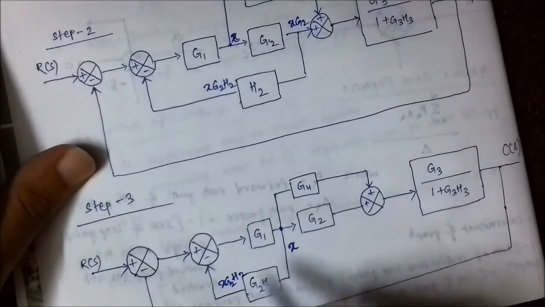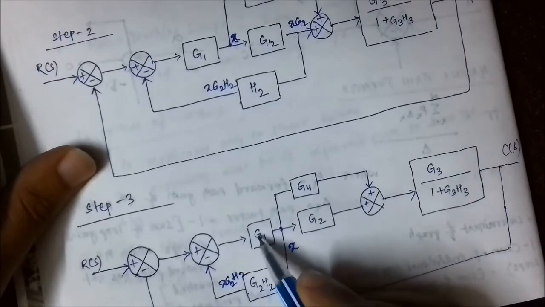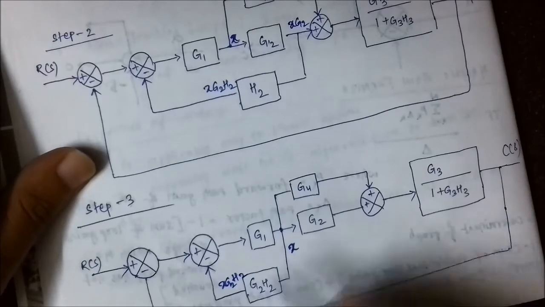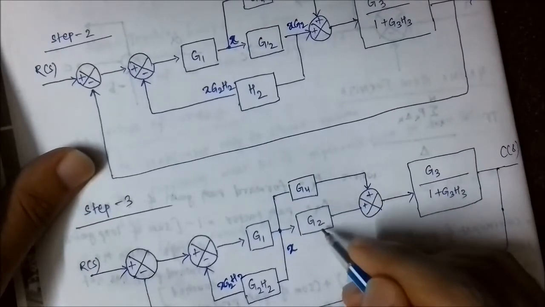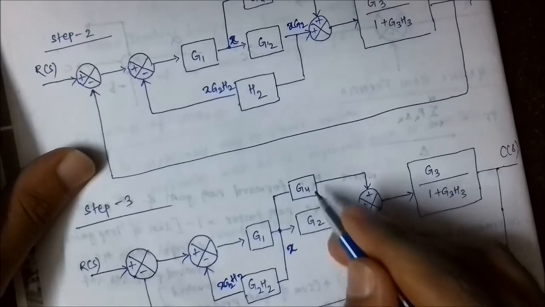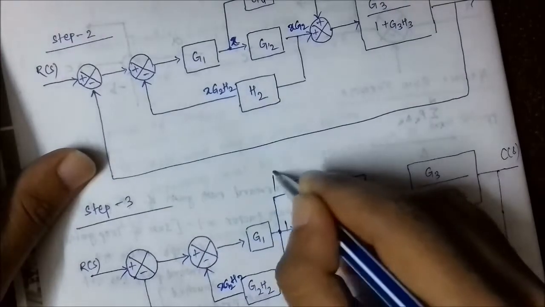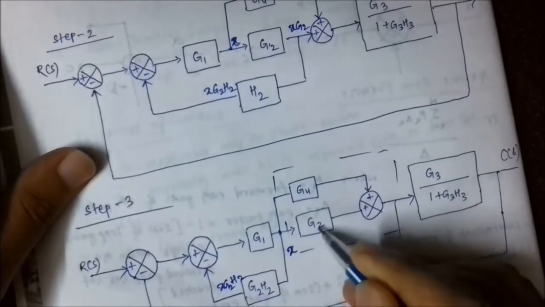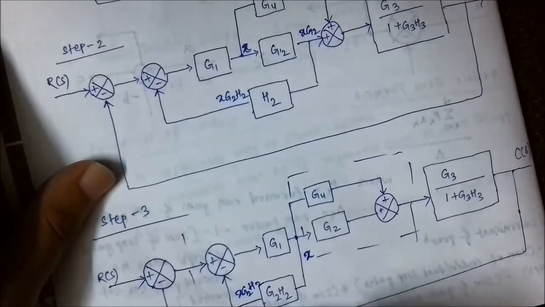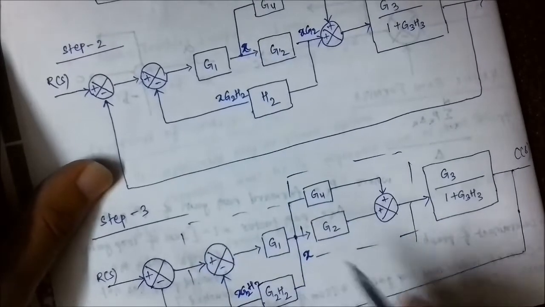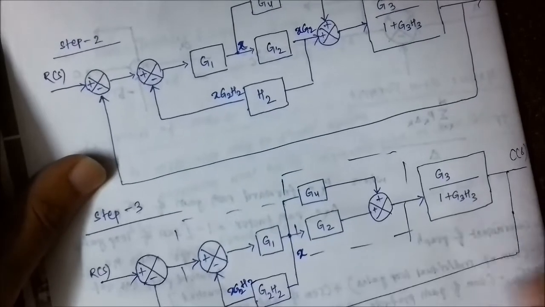Now we have got a feedback connection: forward path, feedback path, and here it is a forward loop. So simply it becomes G2 plus G4. This block becomes G2 plus G4, and this becomes G1 by 1 plus G1 G2 H2.